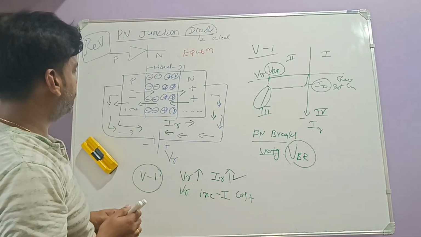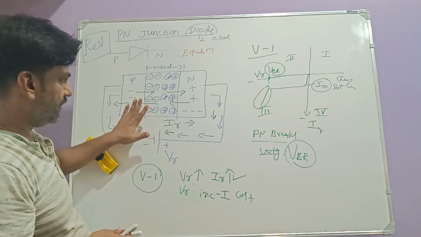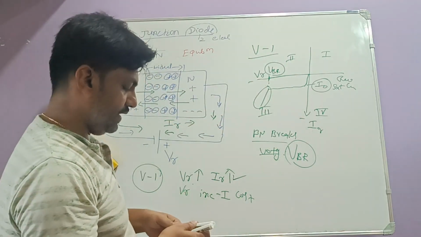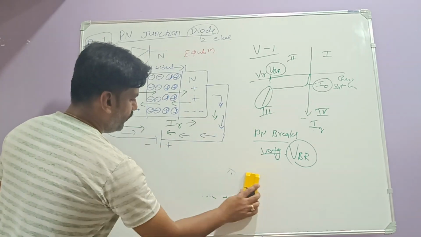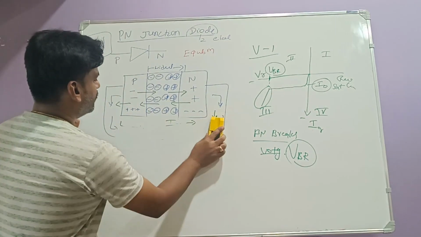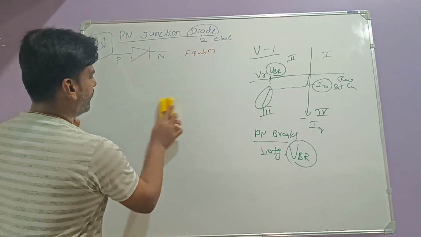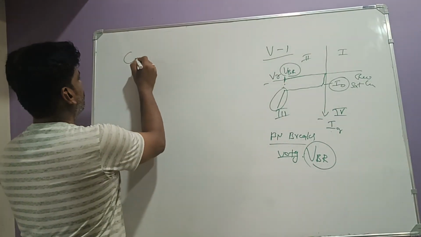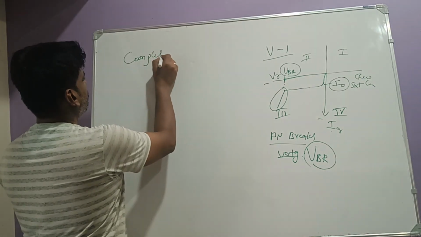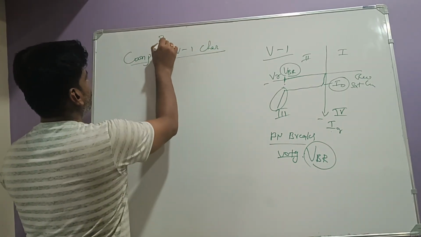In reverse biasing, this is the diagram with respect to construction, and this is the VI characteristic. Suppose I want to draw the complete VI characteristics, how is it? You see the complete VI characteristics of the PN junction diode.